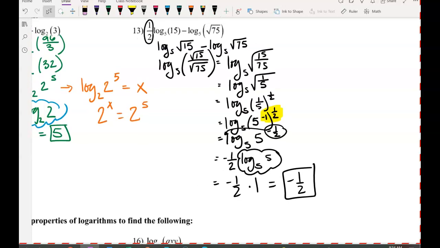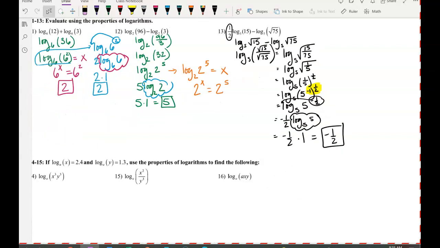Look at that. It's magic. All right. As you can see, I'm writing down every single step because it is important that you understand, right, guys?